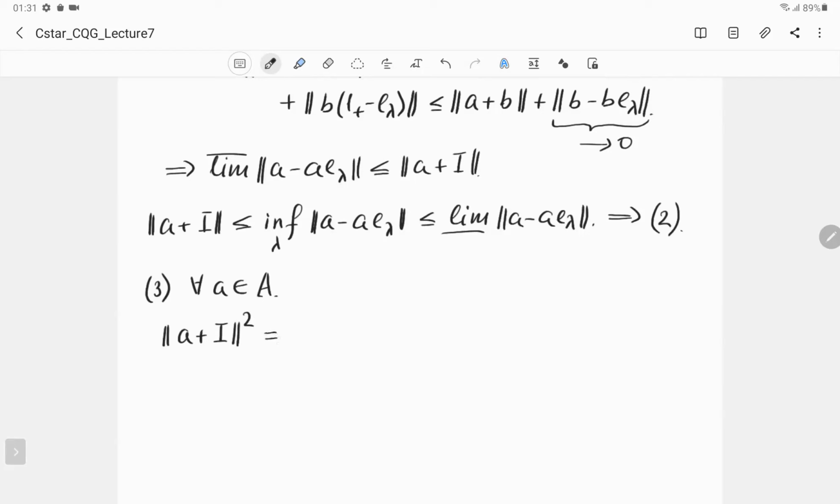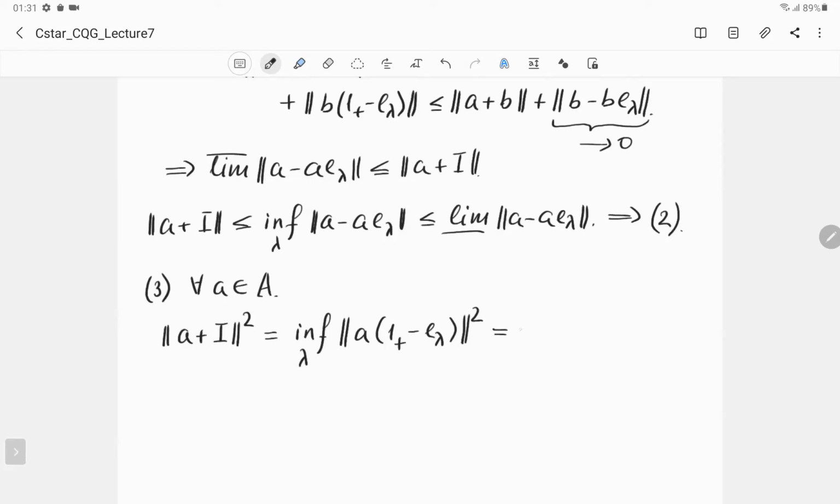By formula 2, this is the infimum over lambda of the norm of A times 1 minus e_lambda, squared. Now we apply the C-star identity.